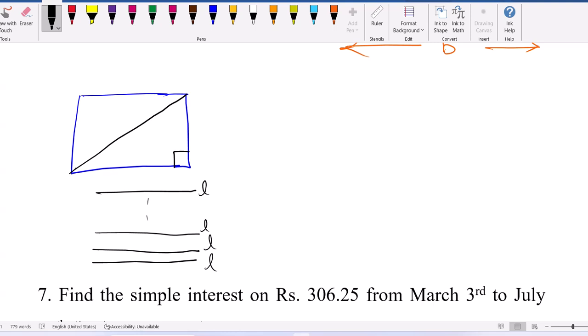Three lines means 3L, two lines means 2L. If you have B lines, it is B into L. One wire above another, B wires means B into the length of that wire. So that's B into L. That's all basics. Now you know the area of triangle and the area of rectangle.